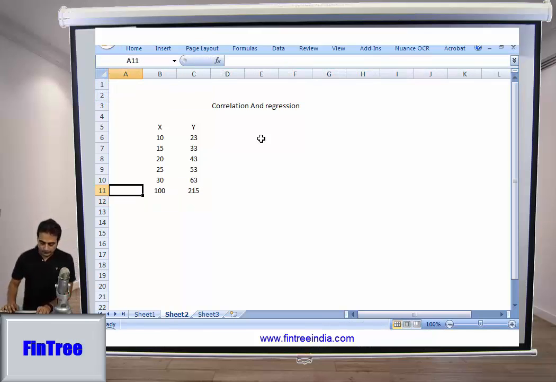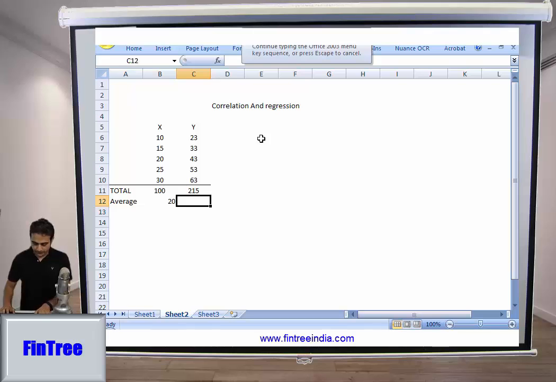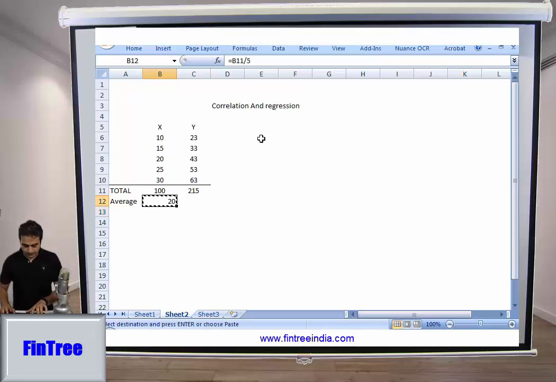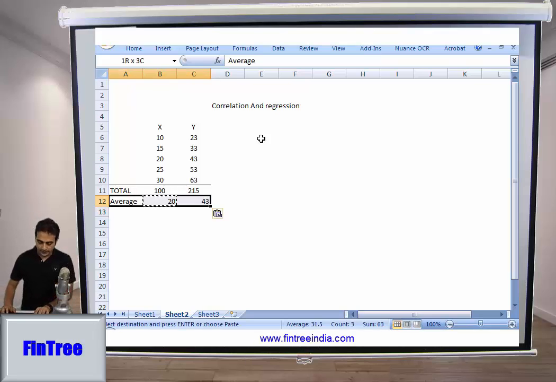Then we will calculate the average values. This would be 20 and this would be 43. So we have the average values of the data now.